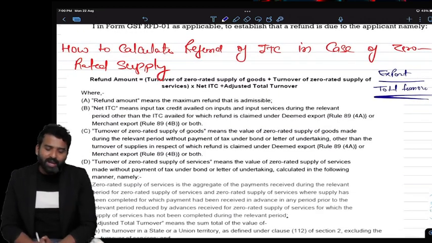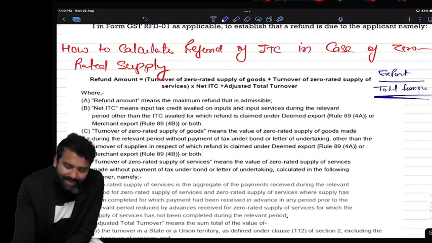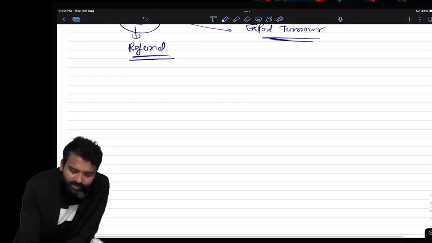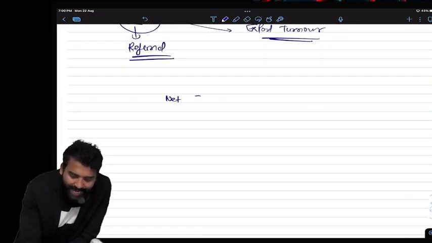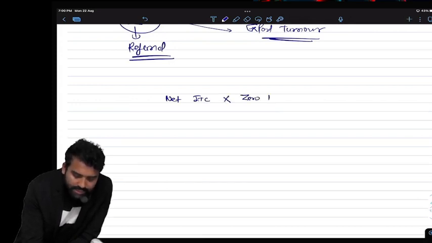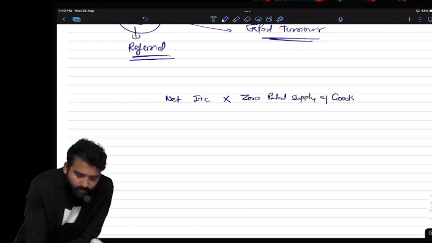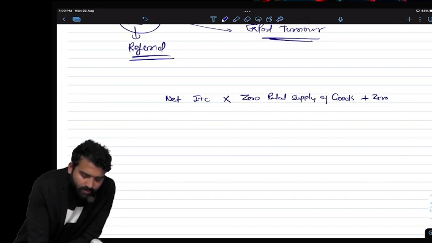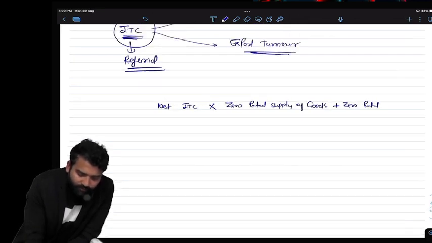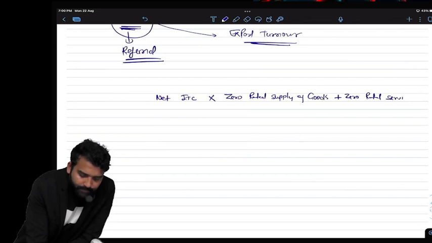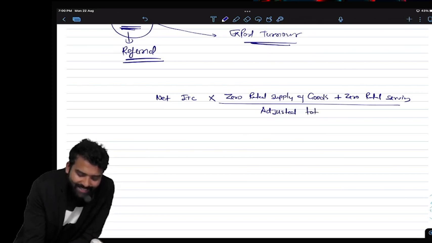What is the formula? Net ITC. First, I have to put up the net ITC. I am again writing down the formula. Net ITC into zero rated supply of goods plus zero rated supply of services divided by adjusted total turnover.